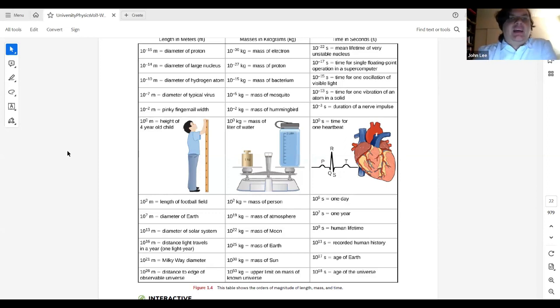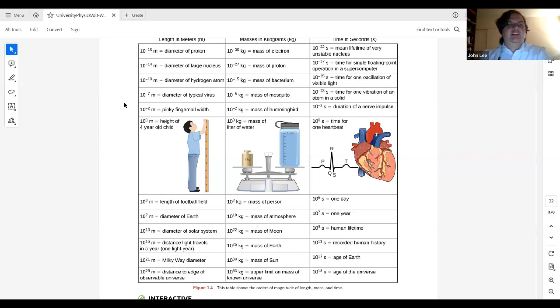So we look at 10 to the negative 15 meters, which is about the diameter of a proton. 10 to the negative 14 meters is the diameter of a large nucleus.